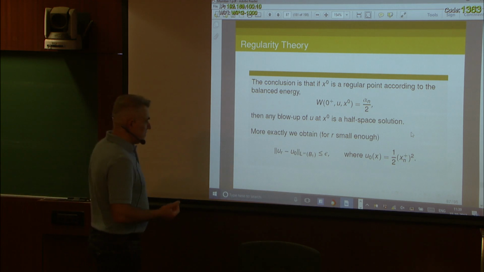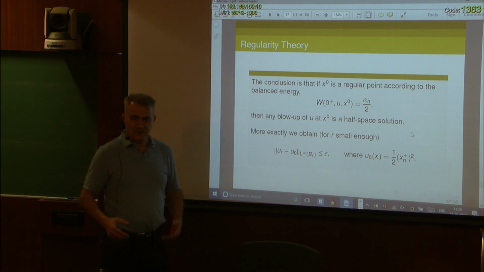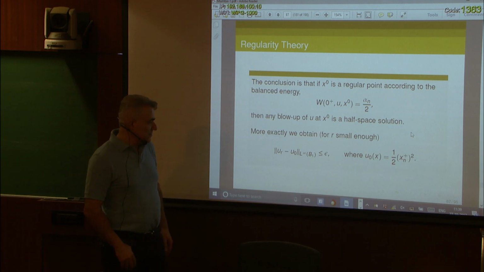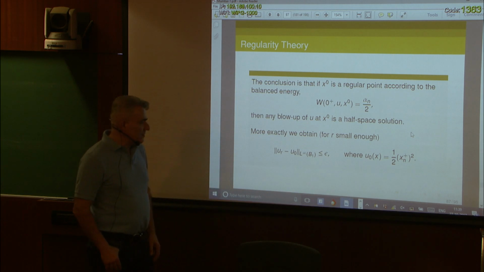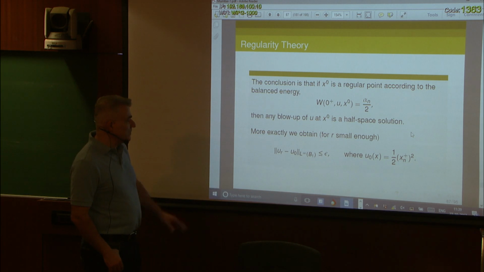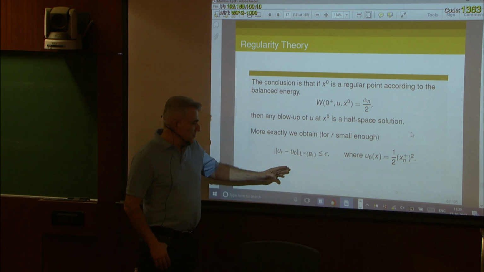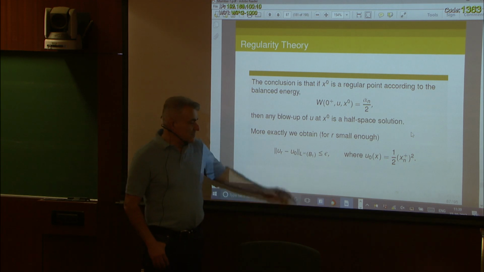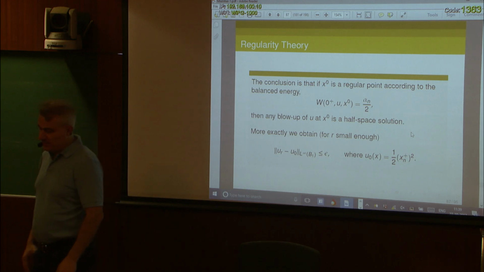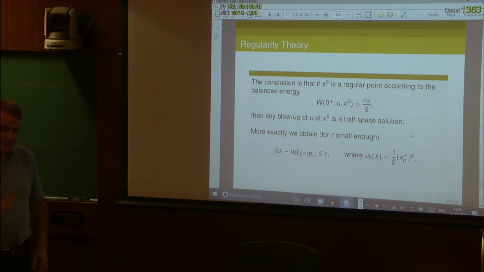But you will see soon that the techniques are actually not that involved once you come up with clever ideas. And this is what people did, and could prove that if you're close to half-space solutions, then you're going to get this directional monotonicity. So you get Lipschitz regularity.